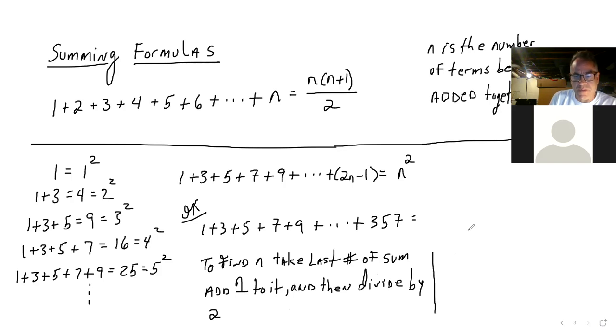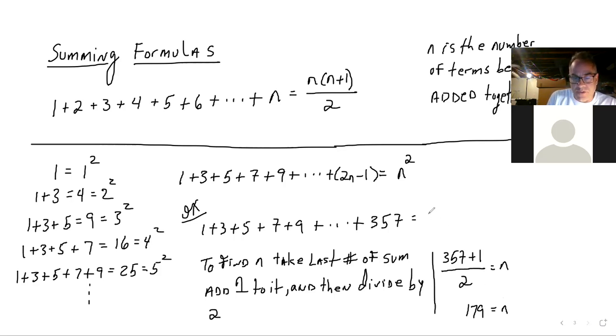So for us, that would be 357. I add 1 to it. That gives me 358, and then I divide by 2. And that will be the number of odd numbers that I have added up. So 358 divided by 2, and I get 179. So I have added up the first 179 odd numbers.